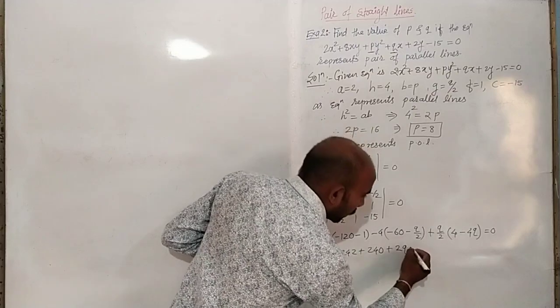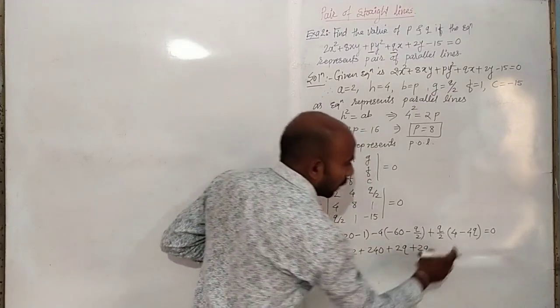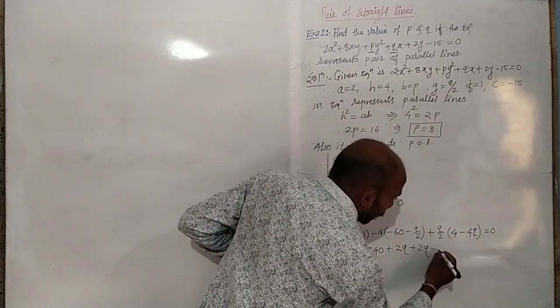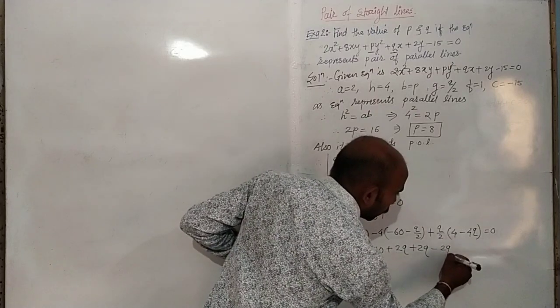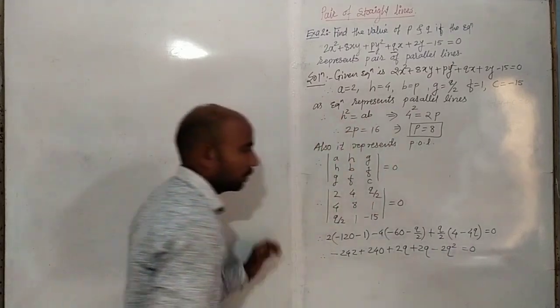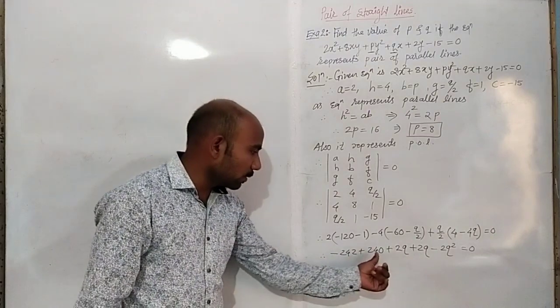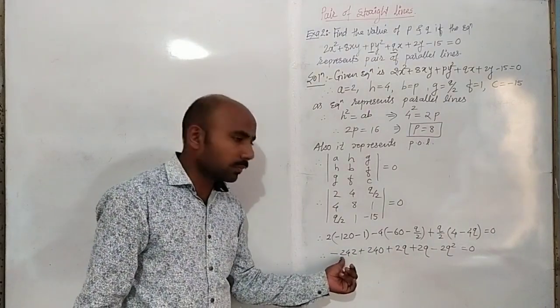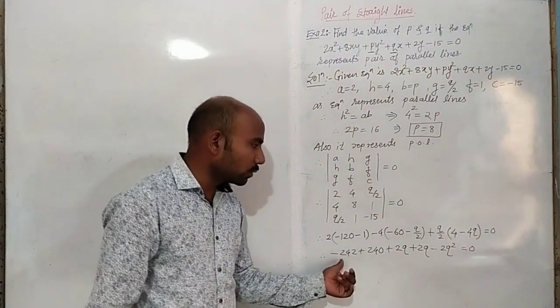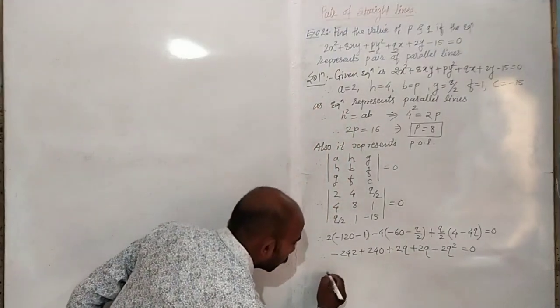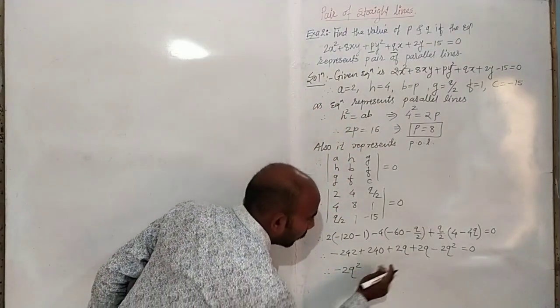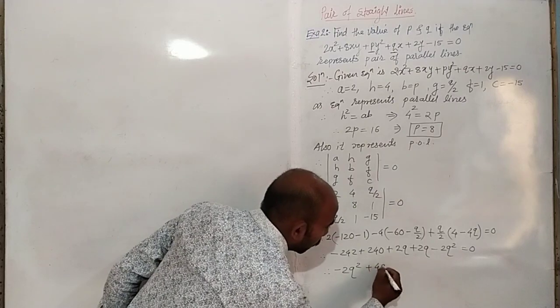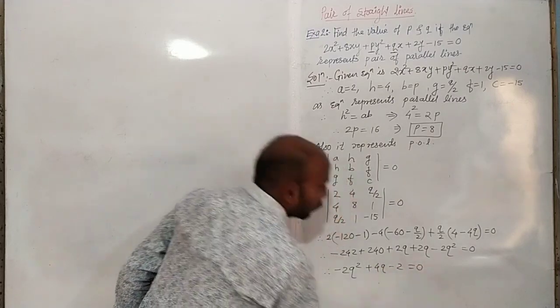Then again plus twice q. Then -4 into q minus 2q square equals 0. So solving this, 240 minus 242 is minus 2. So we have minus 2q square plus 4q minus 2 equals 0.